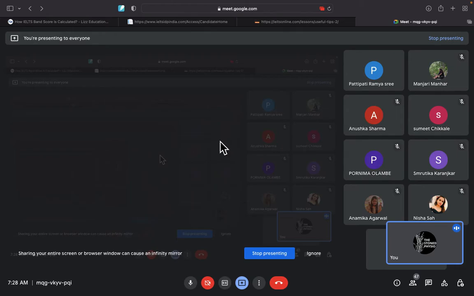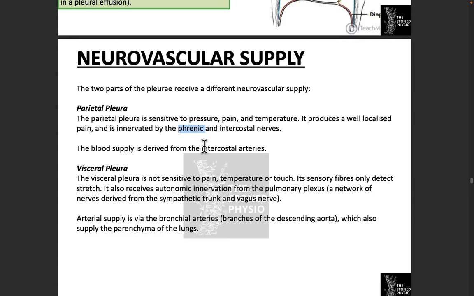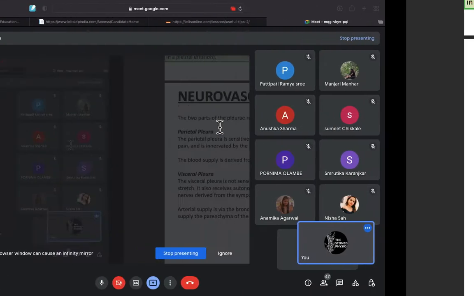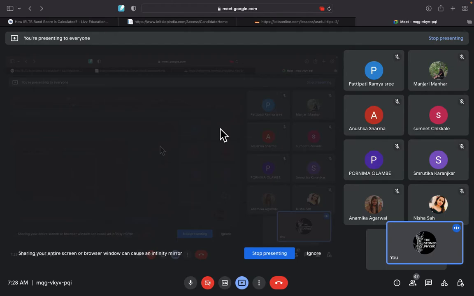And I told you that if a person suffers a spinal cord injury at the level of C5 or above, it will for sure become fatal, because the phrenic nerve supplies the pleura, and majorly it supplies the diaphragm. And we know that the diaphragm is the major muscle responsible for ventilation, for respiration.